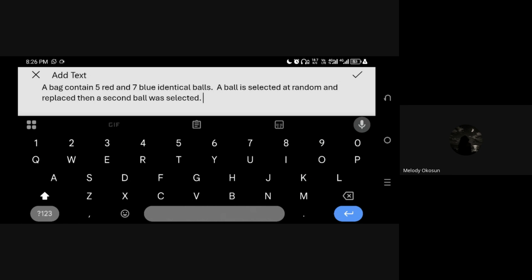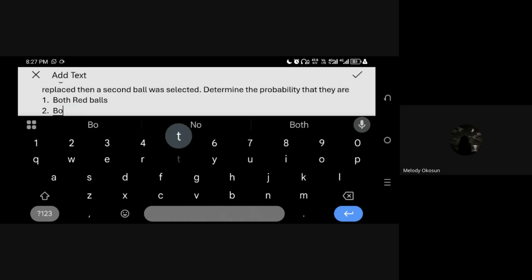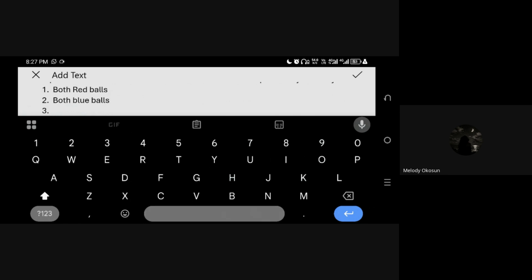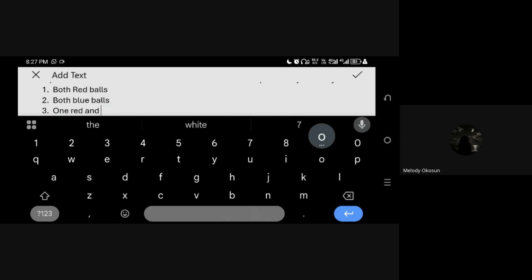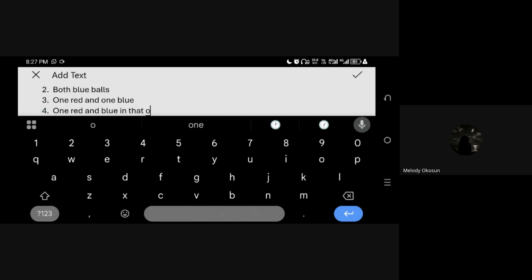Now, our question is determine the probability that they are: 1, both red balls; 2, both blue balls; 3, 1 red and 1 blue; then let's say 4, red and blue in that order.